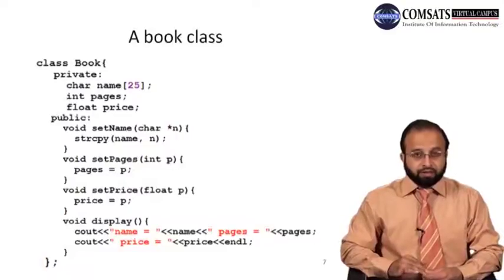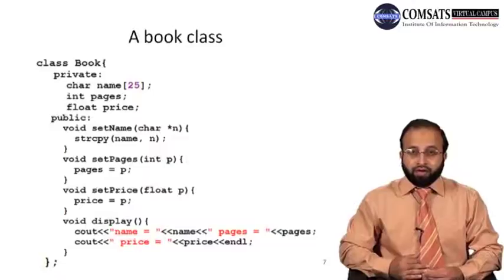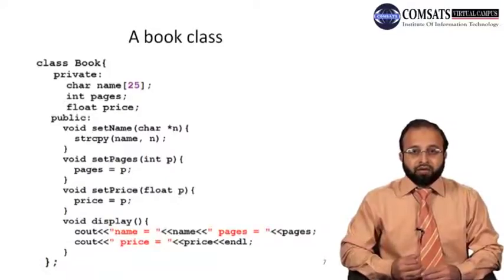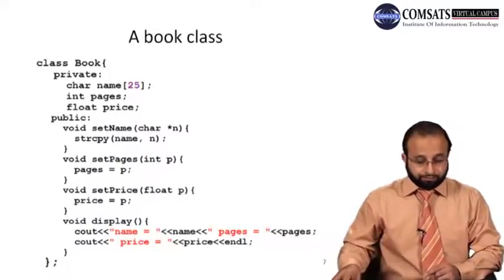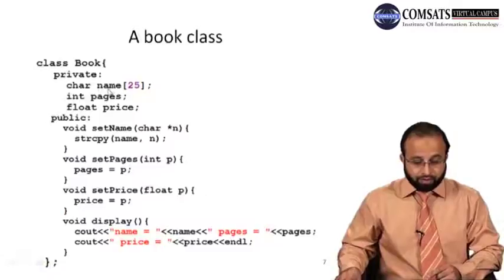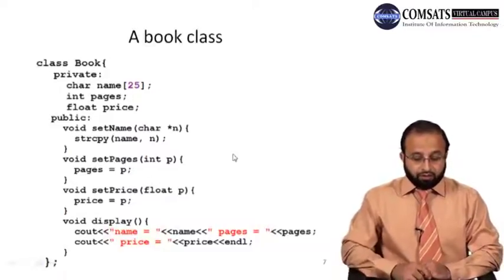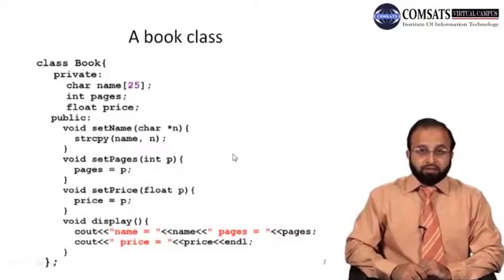If something is private within the definition of the class, whether it is a data member or a function, then that private member will not be accessible outside the definition of the class, right? So you cannot access name, pages, and price outside the definition of the class. You can only access name, pages, and price within the definition.